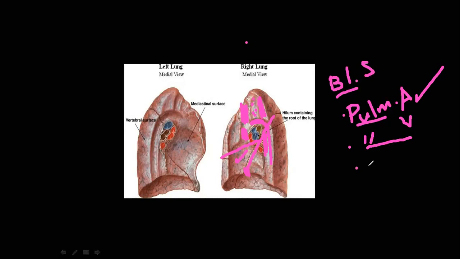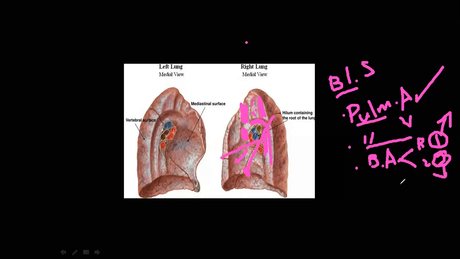We can add arteries along the posterior wall of the bronchus, named the bronchial artery. The bronchial artery: on the right lung we have one artery, on the left lung we have two arteries. On the right it originates from the right third posterior intercostal artery, and on the left it originates directly from the aorta.